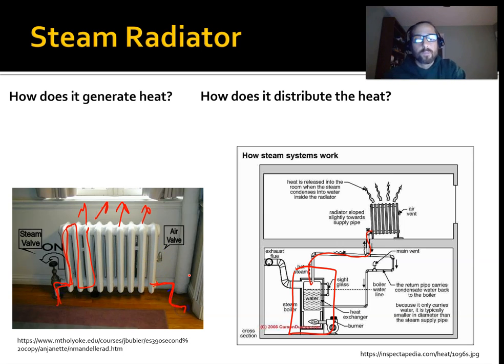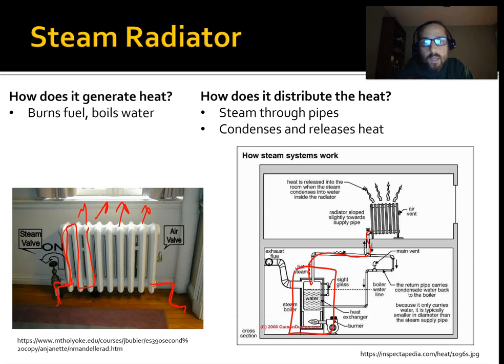Okay. And so in this case, steam, so vaporized water, is what's carrying your heat, and that heat comes from a combustion, usually oil, but sometimes gas. The old ones were coal.